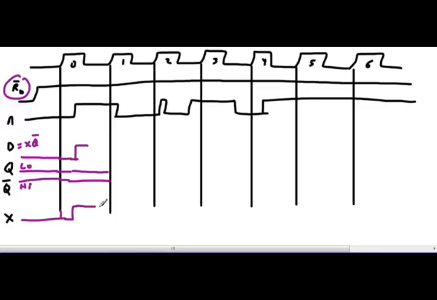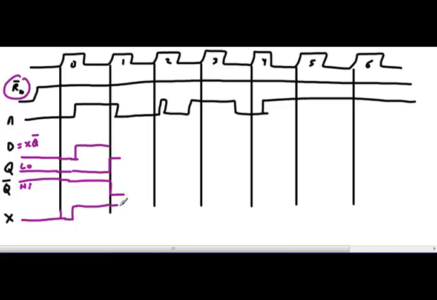Okay, so that's going to happen. X is going to stay there. The clock pulse happens, and Q goes high, and Q naught goes low. With Q naught going low, X is going to go low. No, X isn't going to go low. With Q high and A high, X is going to stay high until A goes low.